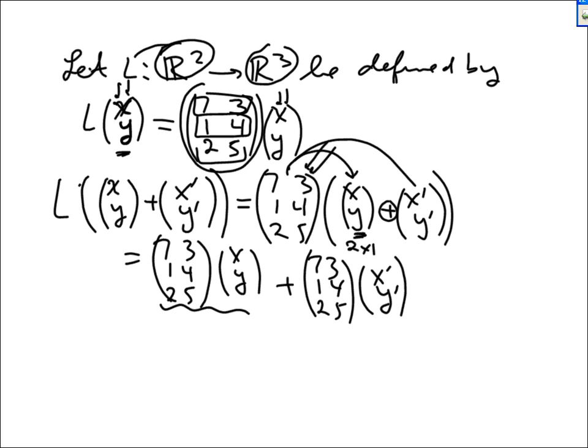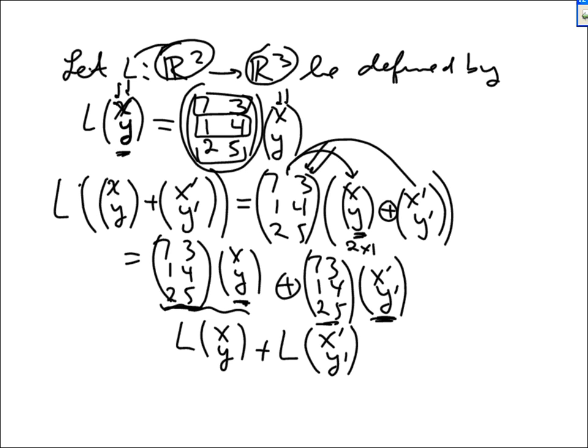This matrix times any vector in R2 is just L of that vector in R2. Plus this matrix times any vector in R2 is just L of that vector. It'll work like a charm. Regardless of what this 3 by 2 matrix was, it worked.